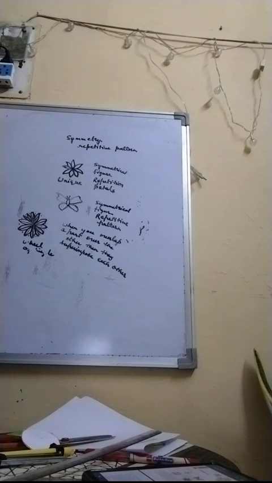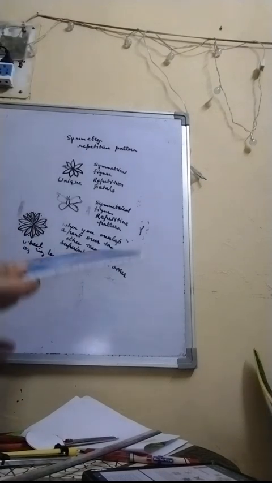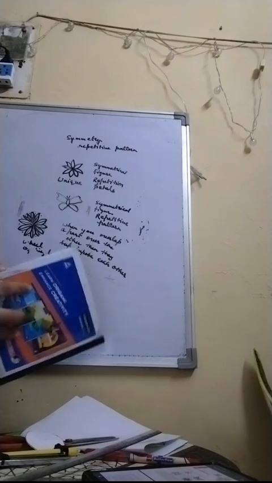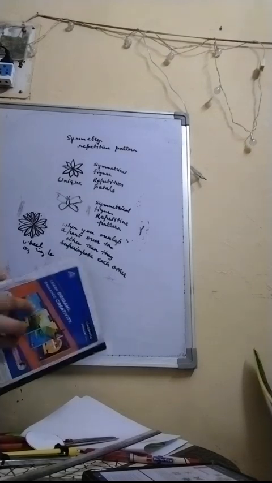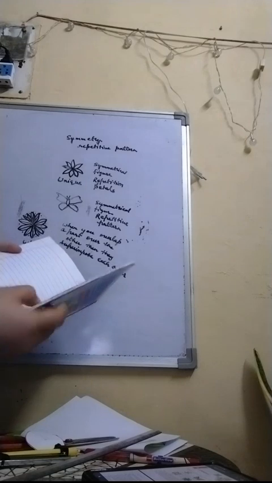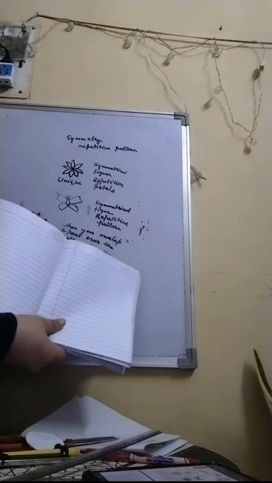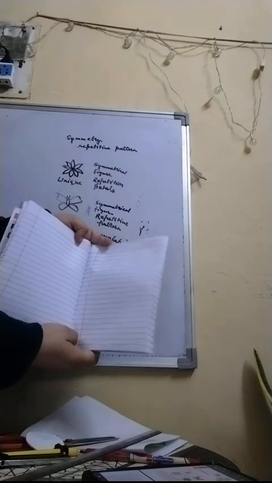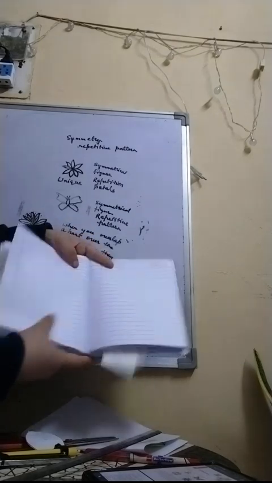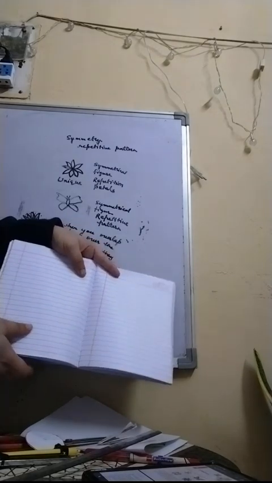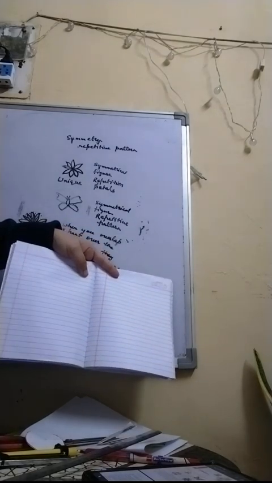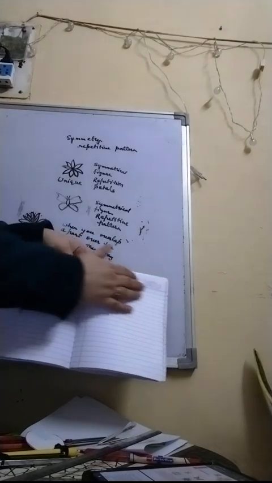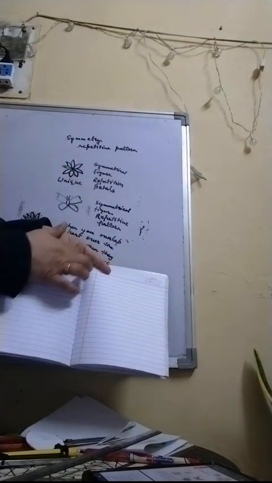Then suppose you have a book. Now this is a notebook. You have a lot of pages in it. When you open the notebook, it is like this. So when you fold it, this is also a symmetrical figure, like it has a rectangle at one part and a rectangle at the other portion.